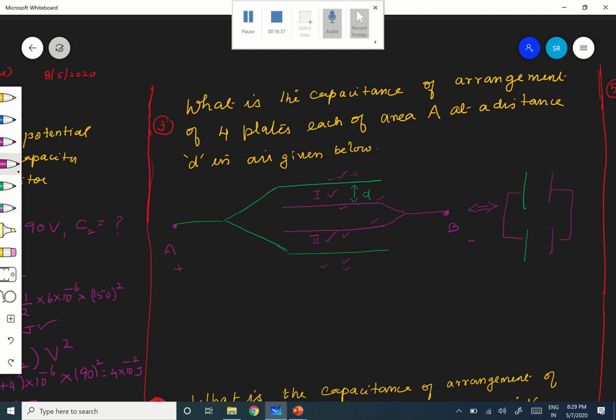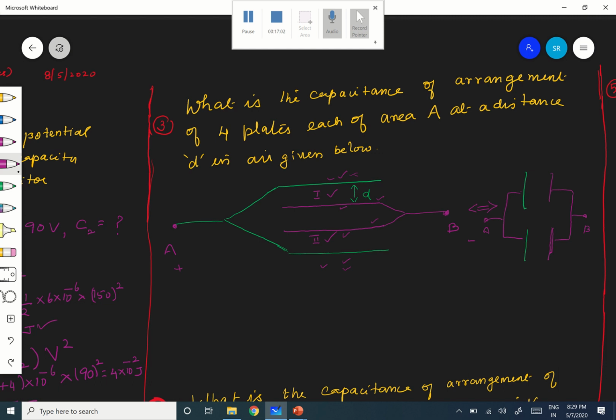These two plates are connected and both are connected to positive A, and here it is B. Therefore, it is a parallel combination only. These two greens are connected to A and two pinks are connected to B, which means it is a parallel combination.